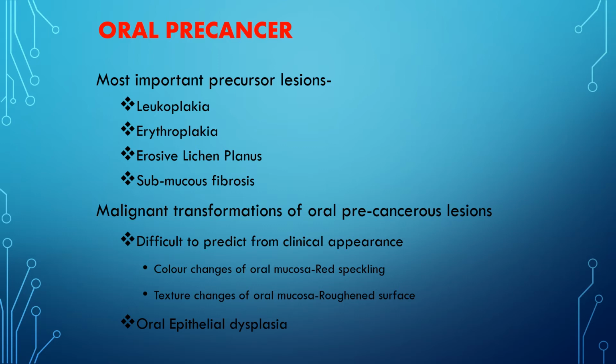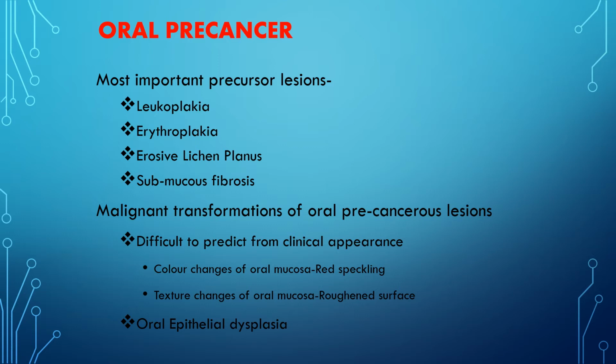Submucous fibrosis. Submucous fibrosis is a chronic disease that affects the oral mucosa as well as the pharynx and the upper two-thirds of the esophagus.